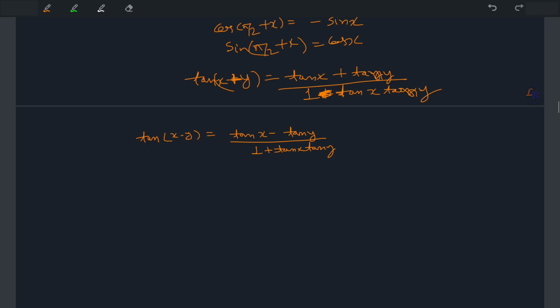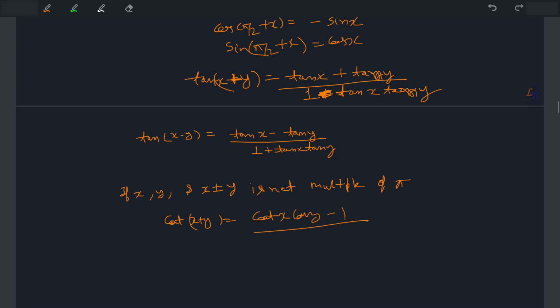Further, if x, y and x plus minus y are not multiples of pi, because if it is at the bottom, it should not be 0, then we can write cot x plus y is equal to cot x cot y minus 1 upon cot y plus cot x, right?